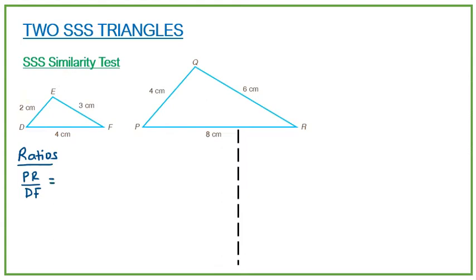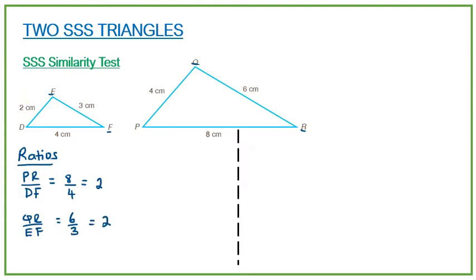So that will be 8 out of 4, and this will give us 2. Now, next, another corresponding side, we have QR and EF. So that is 6 out of 3, and that will be 2.